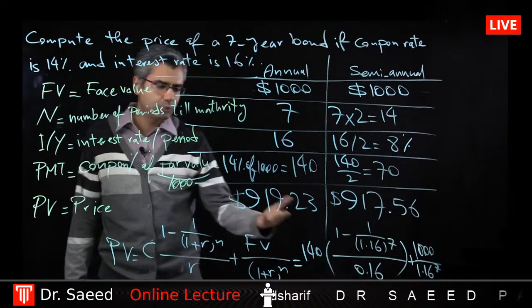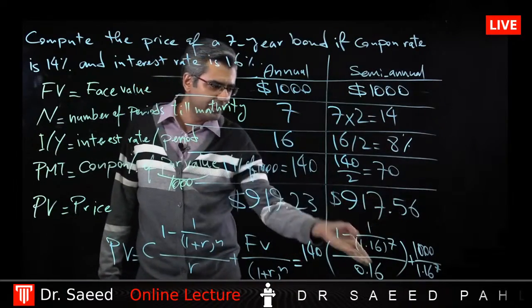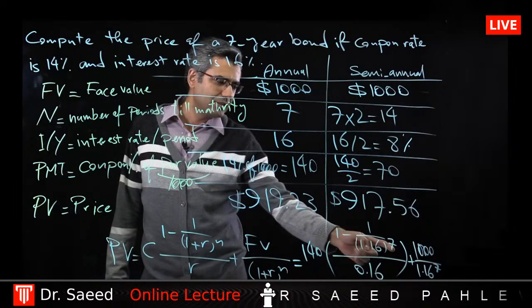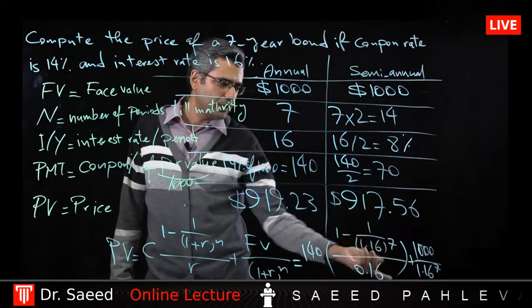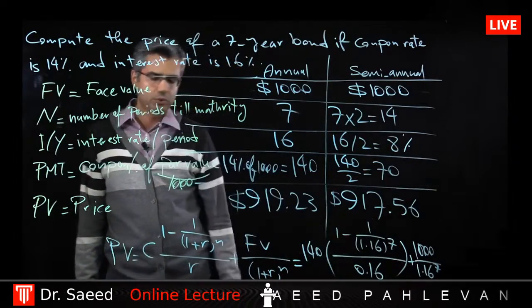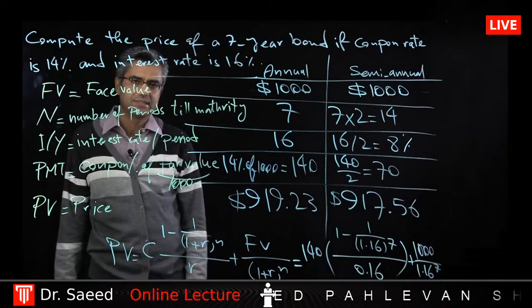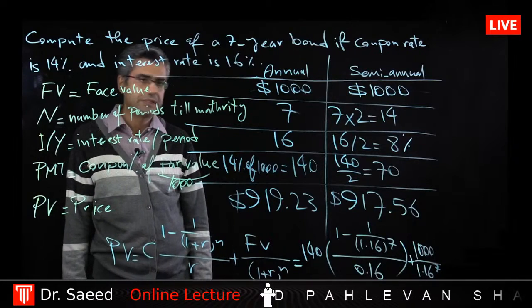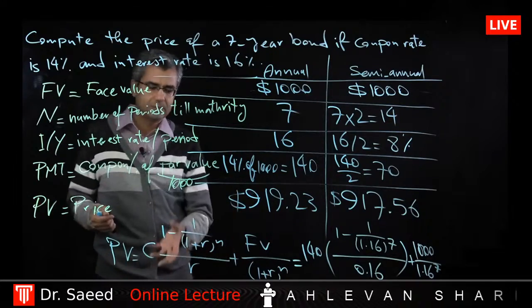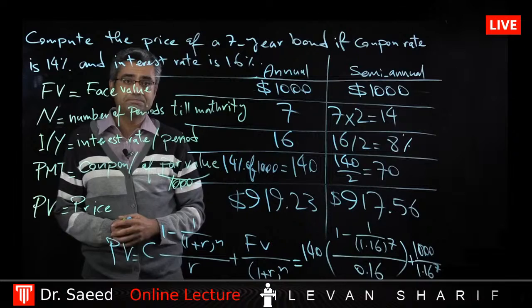So if you want to use the formula for semi-annual, you just need to enter all these things that you have here into the formula. So this will be 70, this will be 8, this will be 14, and here also, but 1,000 won't change. So you make changes and you compute, and you should get the same answer, 917.56. So this is the way we compute the bond price. This is the formula, and this is the way we use the financial calculator, and done.